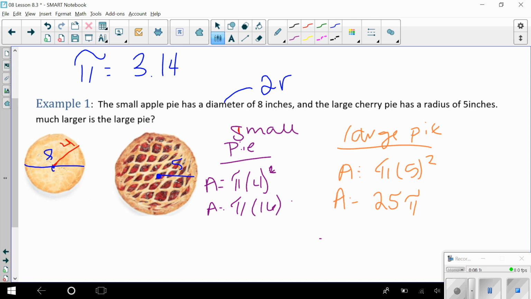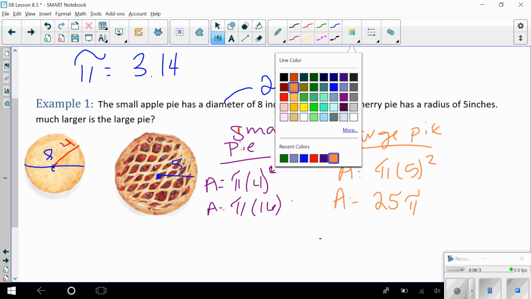So we can see that the area of the larger apple pie is 25 pi, and the area of the smaller apple pie is 16 pi. So if we look at how many actual square inches that is, we're going to multiply 16 by 3.14, and we get 50.24 inches squared.